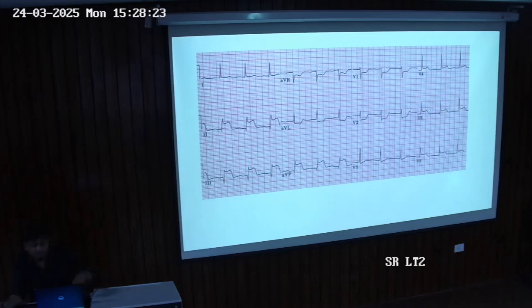You are saying the first lead, second lead, third lead, AVR, AVL, AVF, V1, V2, V3. Second lead. First lead is normal for your reference. Now you can identify easily.